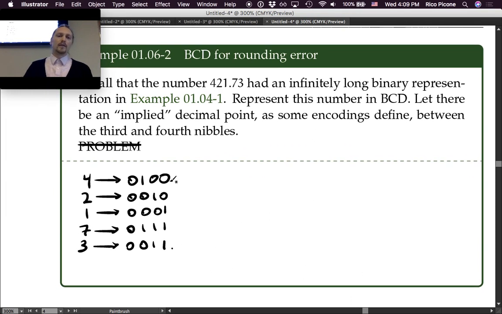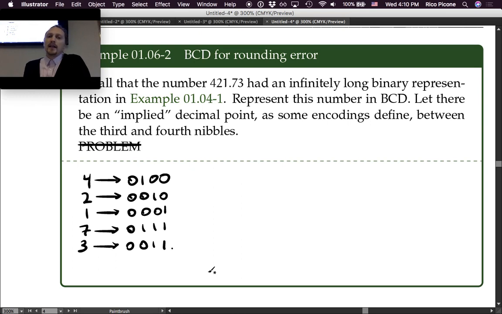You could write these all out in a string if you wanted to, but essentially a sequence of these nibbles, from this nibble to that nibble to this nibble, is a binary coded decimal.